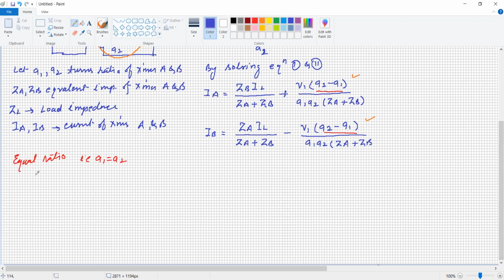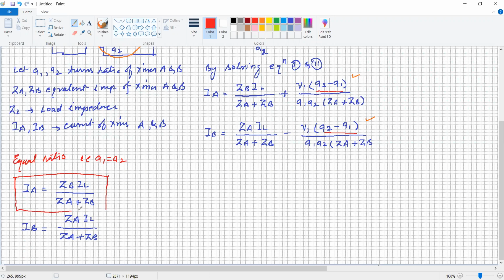Under such condition, the current IA is equal to ZB into IL upon ZA plus ZB, and IB, the load current supplied by the second transformer, is ZA into IL divided by ZA plus ZB, isn't it? So this is a very important relation for the load current supplied by transformer A and transformer B.